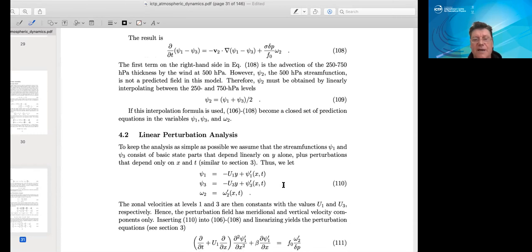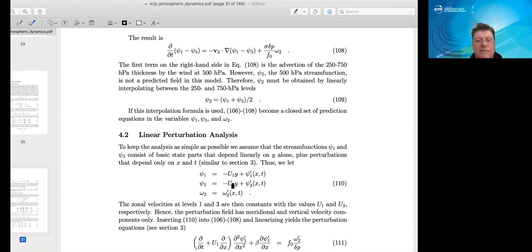So we linearize this equation by assuming, again, that our stream function can be expressed as a mean part plus a perturbation. And the mean part has to fulfill the original equation, and it does, because the Laplacian of this will be vanishing.